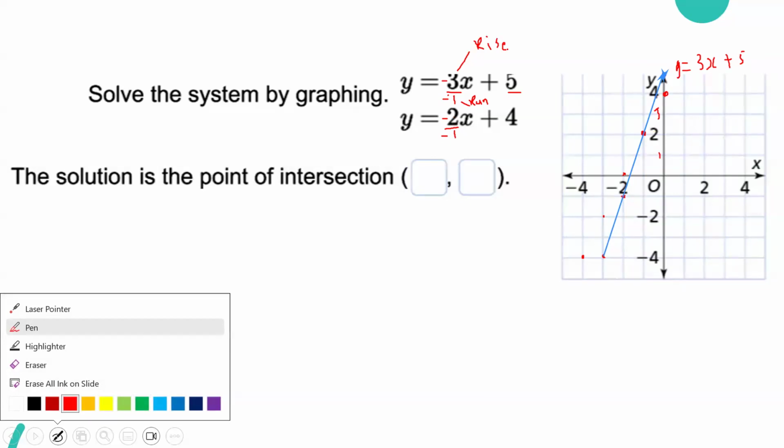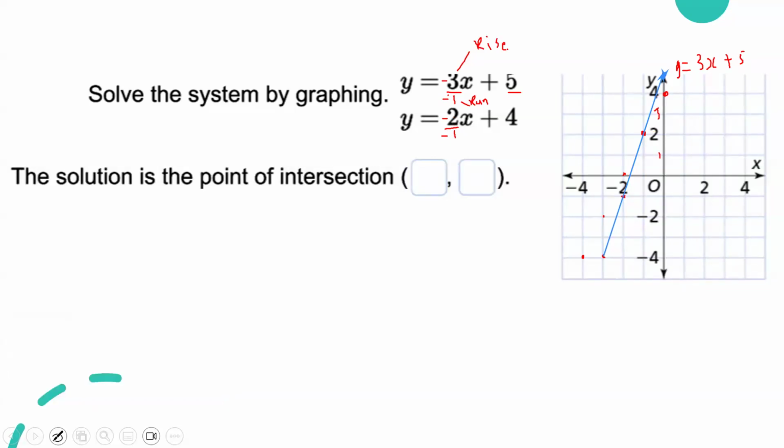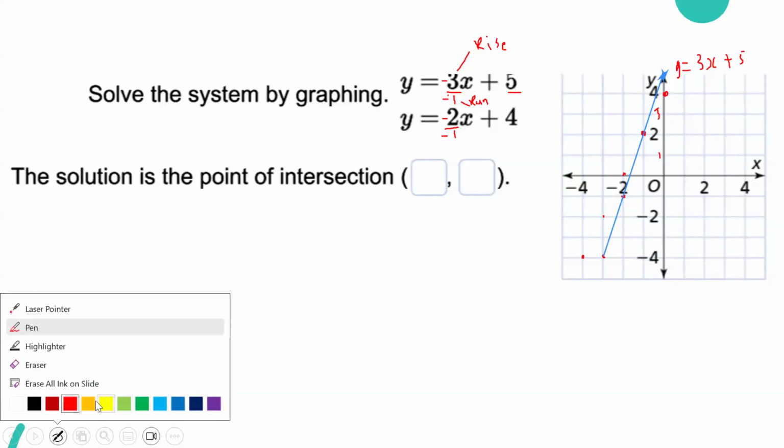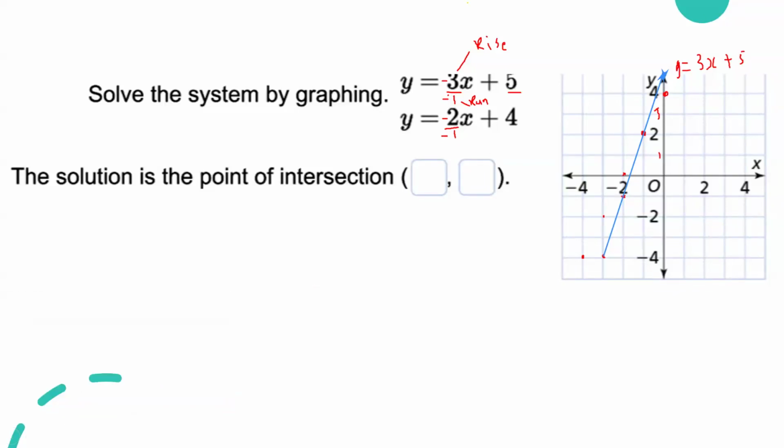So now I am going to connect those points using a line. I'm going to use a different color, maybe yellow, so I represent the two different graphs. So here I'm going to connect my points.